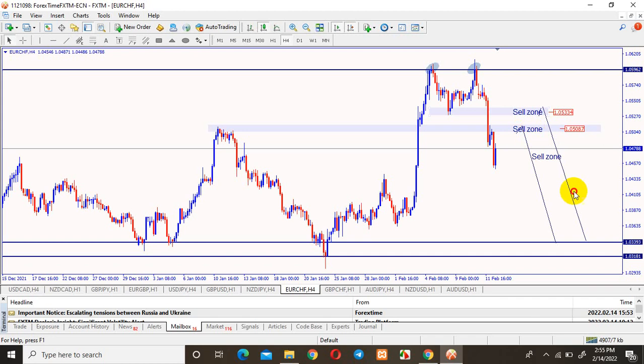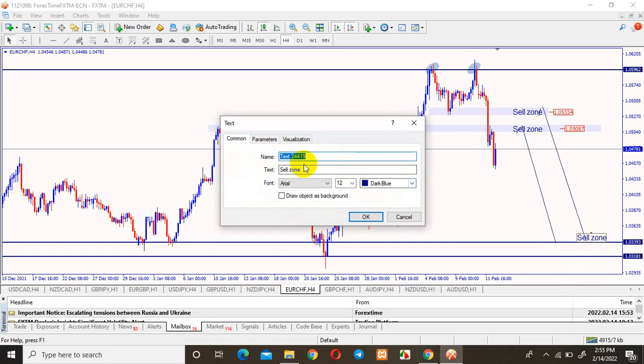Then we target our profit at least. If anything else, we target our profit on, let me give it the name, target.